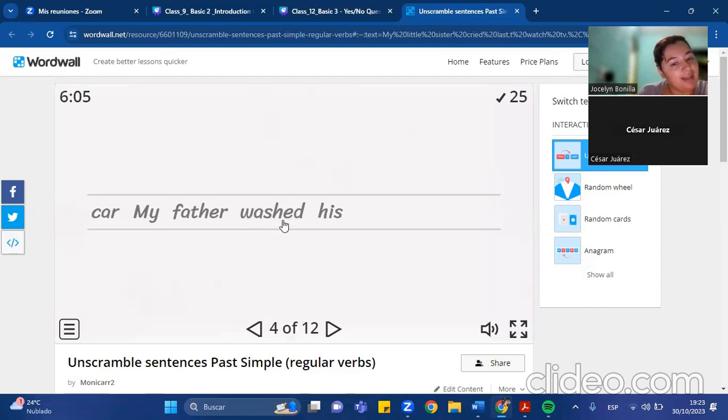Are you sure? Do you remember the last sound T, D, and ID? Try to remember the last sound. Washed. Washed. Correct one. Okay, my father washed his car.